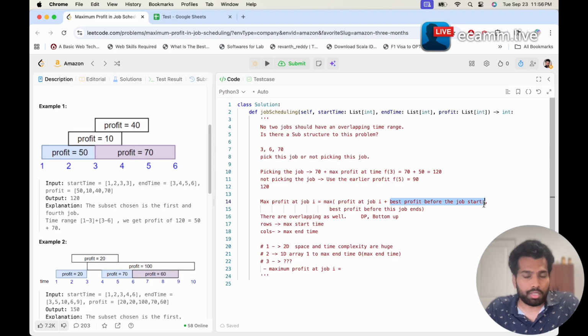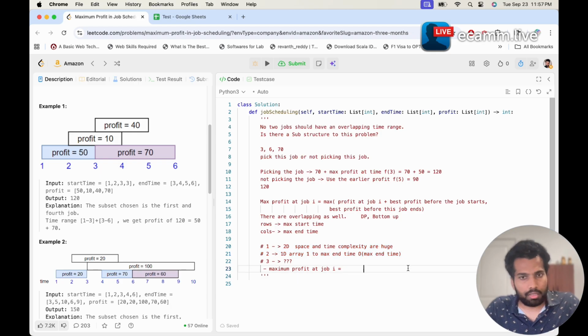The reason we went to approaches 1 and 2 is to find the best profit before the job starts. Here in this case it's the profit at 3, and the best profit before this job ends, which means the 5. That is why we opted for the 1 and 2 approach.